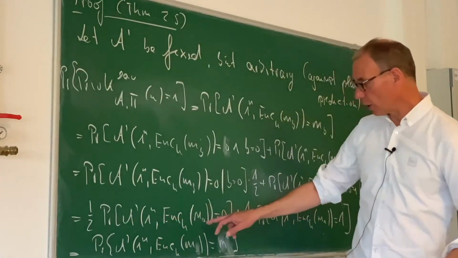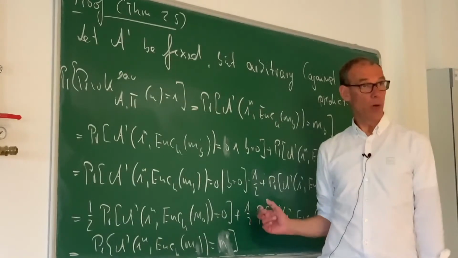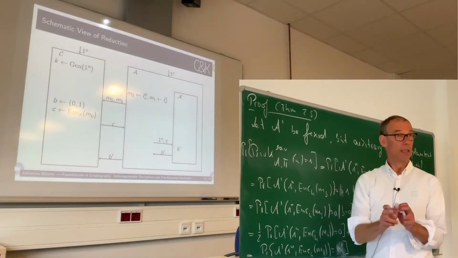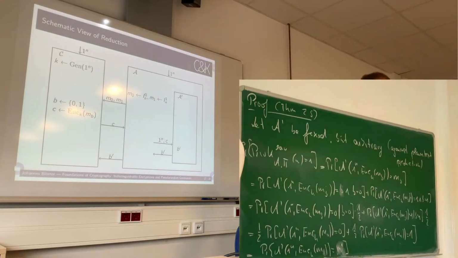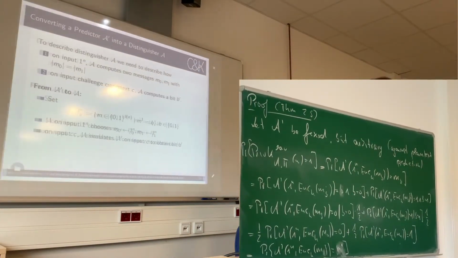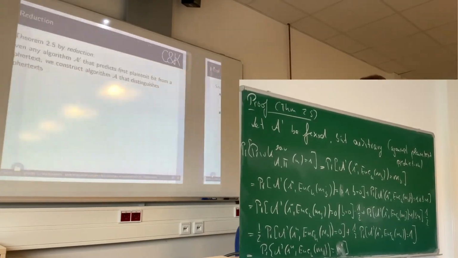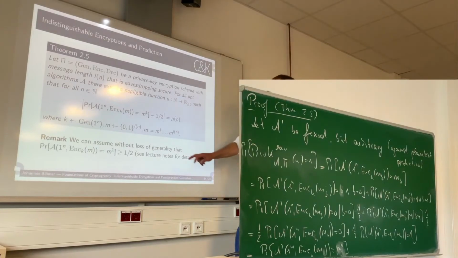All these choices also involve the choice of M0, M1 that I pick over there. But if you go back here, to the definition that I used in my theorem, right?